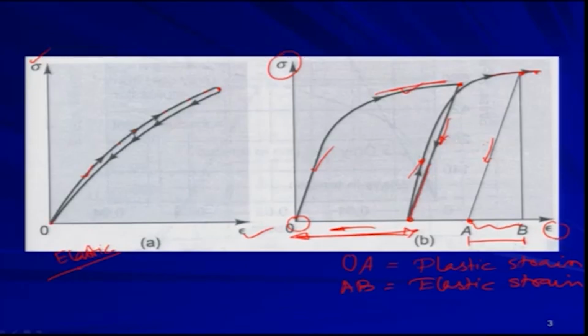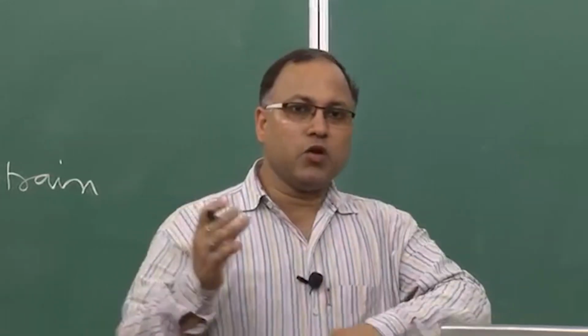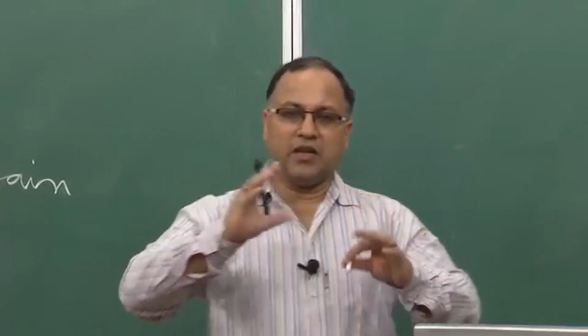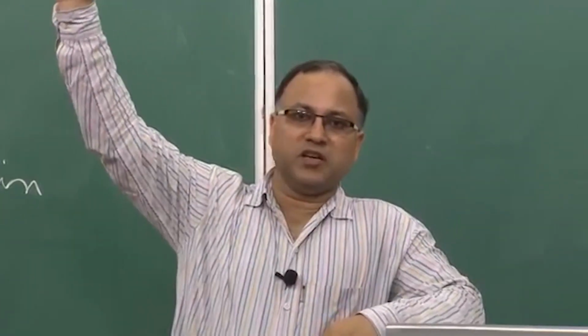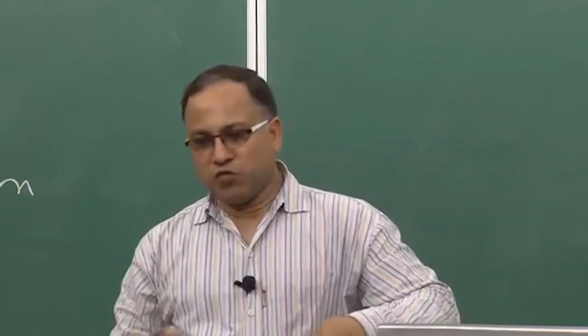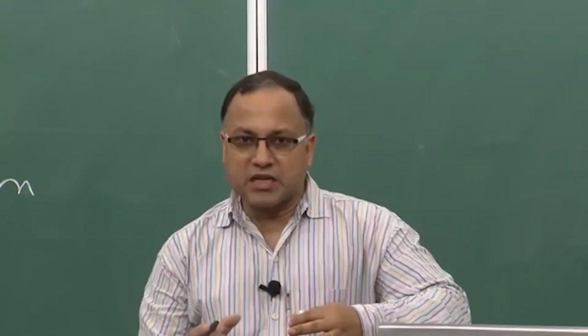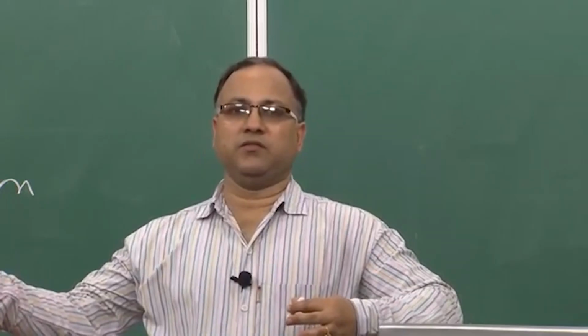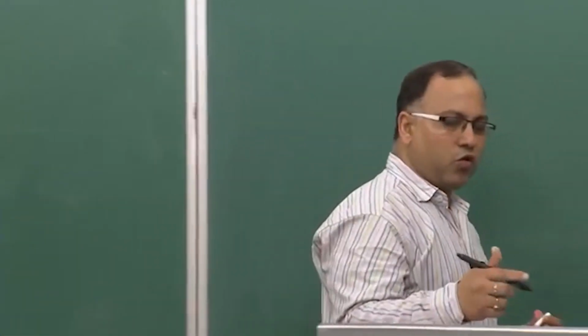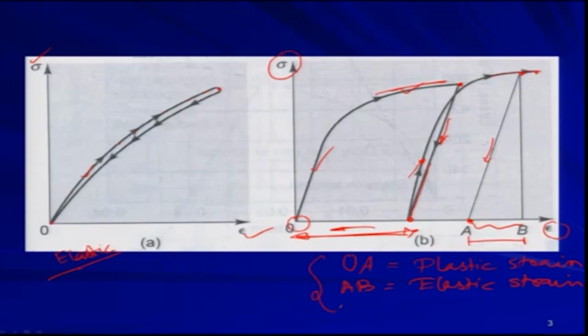That strain is known as the elastic strain. So, for a material, if you go up to the plastic deformation, that deformation will have some component of elastic deformation plus plastic deformation, something like your OA and OB.